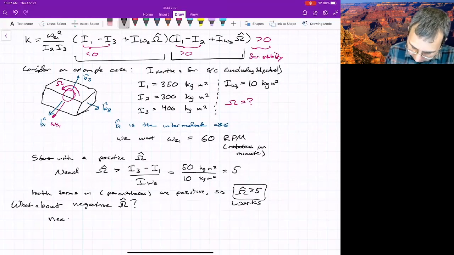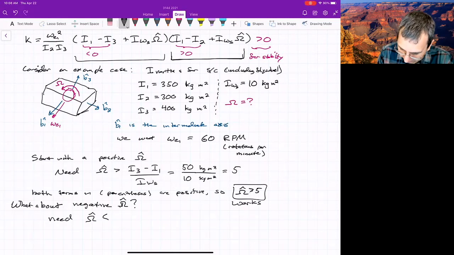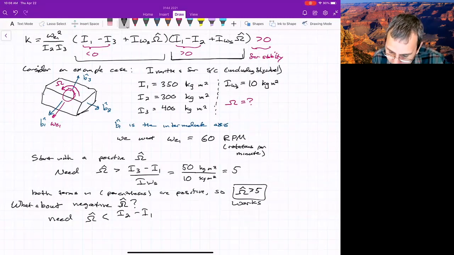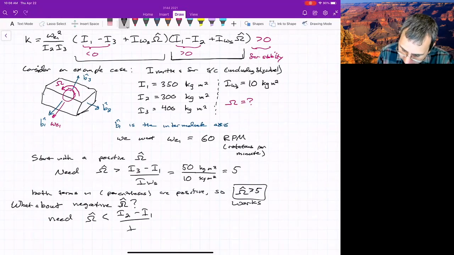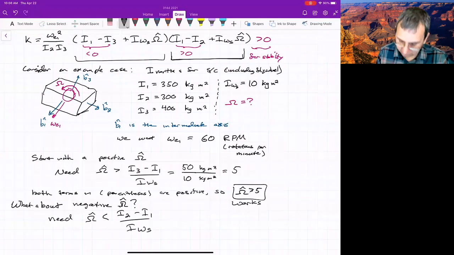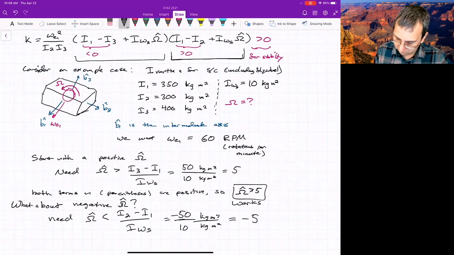Looking at the second parentheses term, I would need omega hat less than I2 minus I1. I2 minus I1 is negative. So this is also going to give me, because the difference just happens to be, again, negative 50 kilograms per meter squared over 10, negative 5.